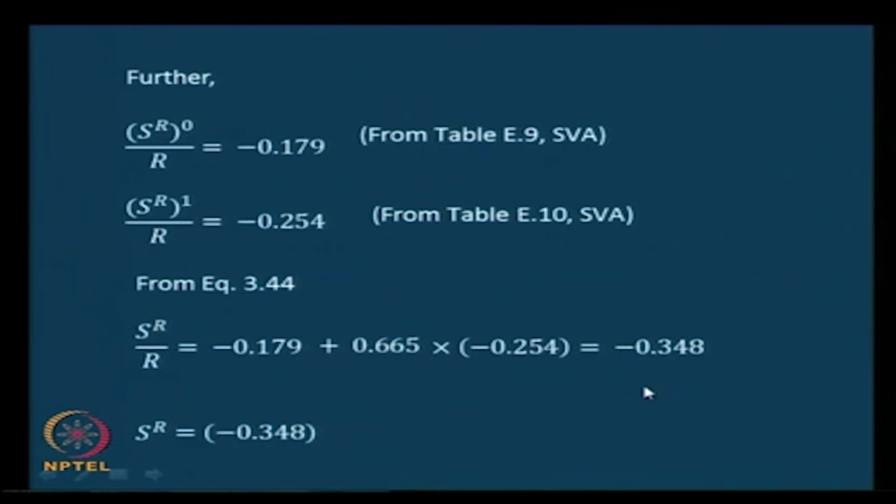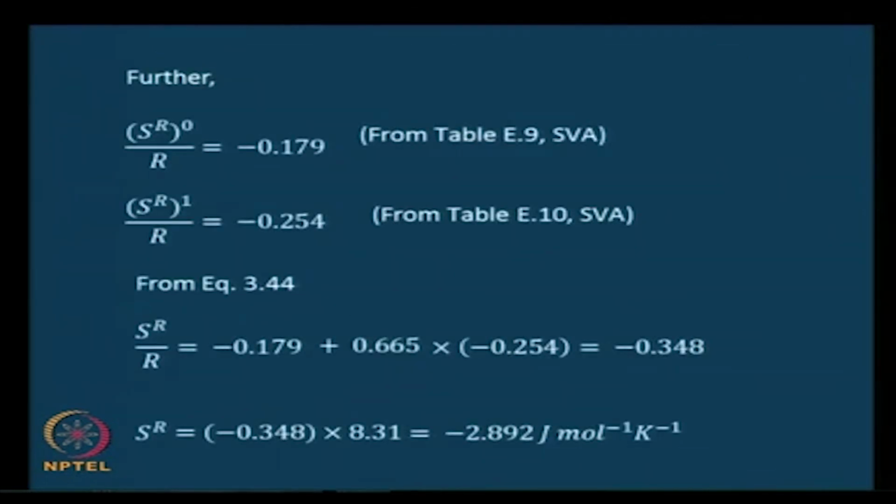Therefore, the SR value is minus 0.348 into R, which is 8.31, and that is minus 2.892 joules per mole per Kelvin. So, that is what we were expected to find.